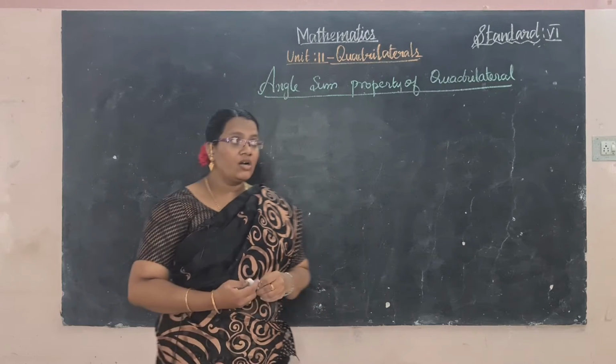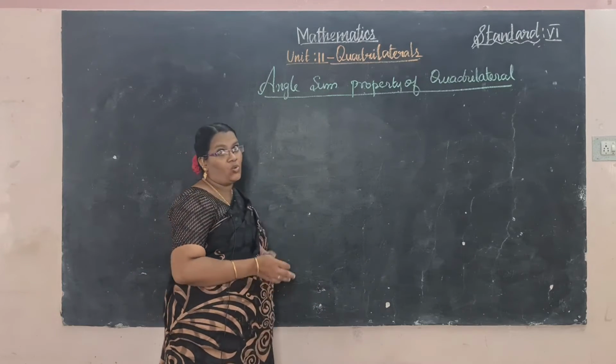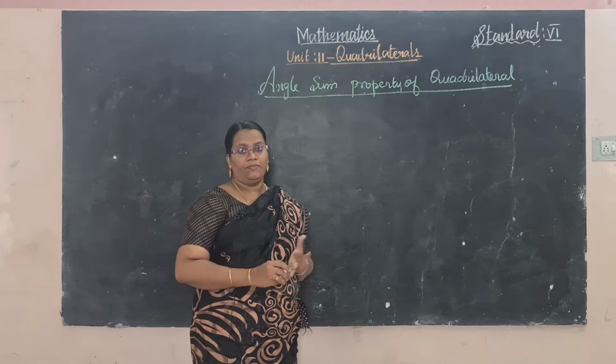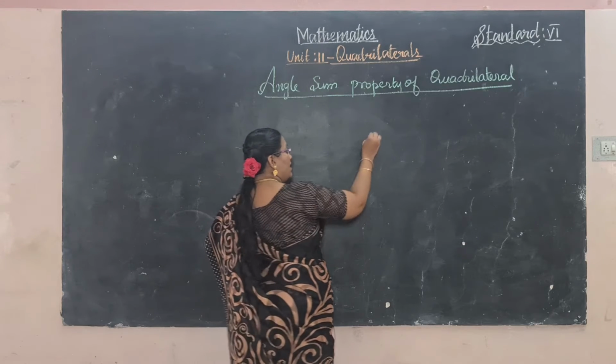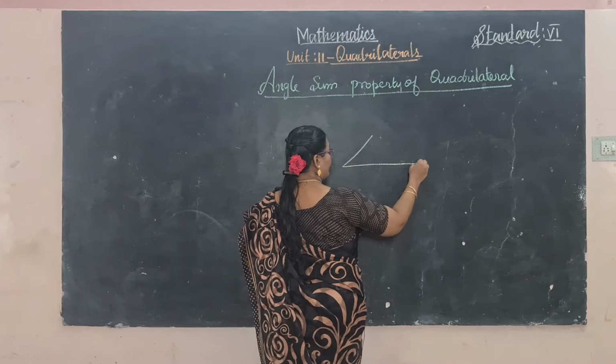Angle sum property of quadrilateral means the sum of 4 angles is 360 degree. Okay, already you know that.